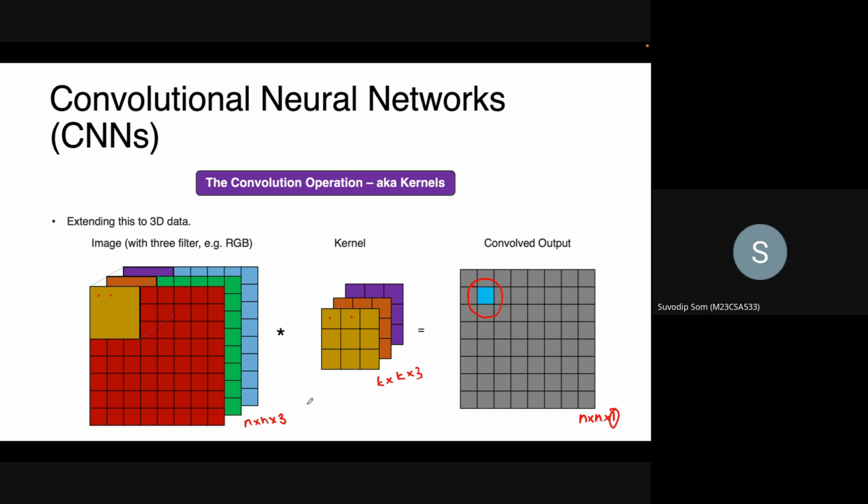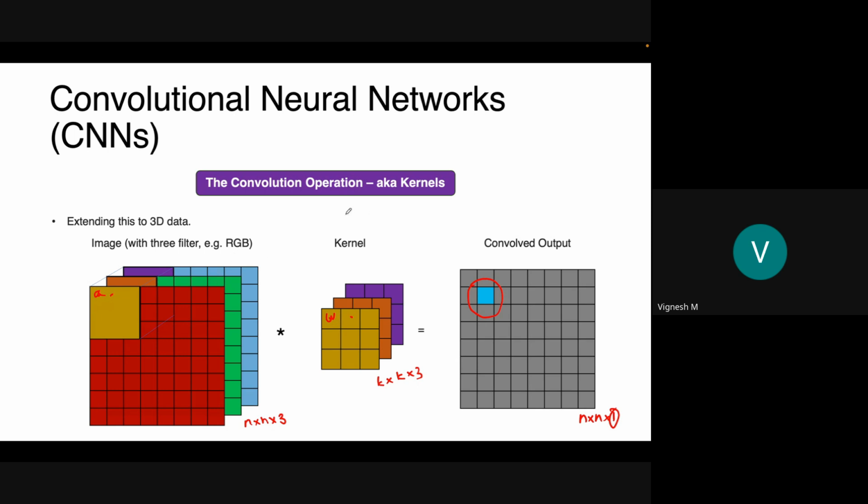Sir, how does this become a single layer? You mean how does the dimensionality reduce here? Yes. In the sense that when you take the dot product, these are sort of like your weights, right? These are sort of like your activations.